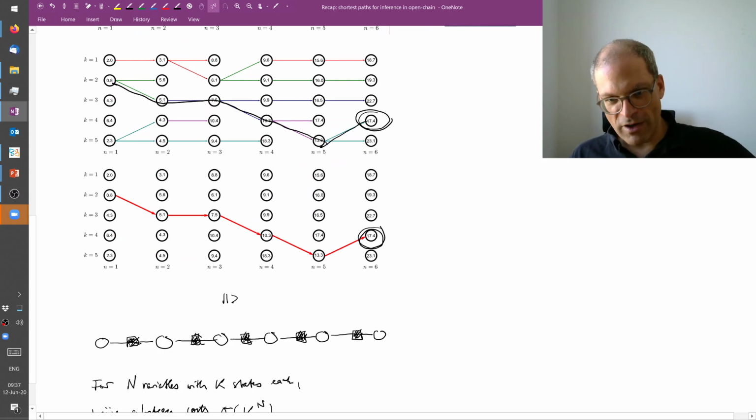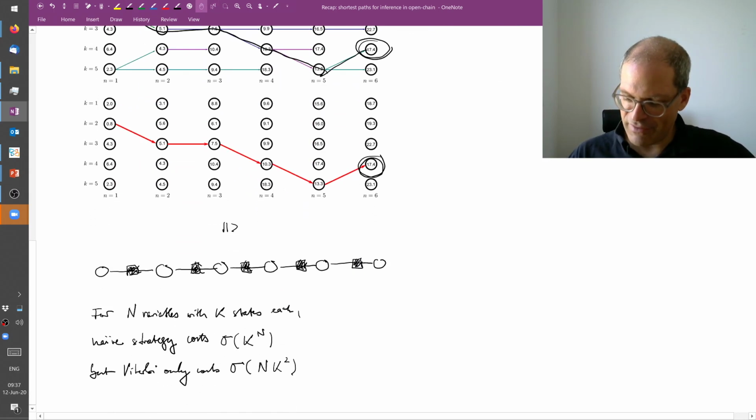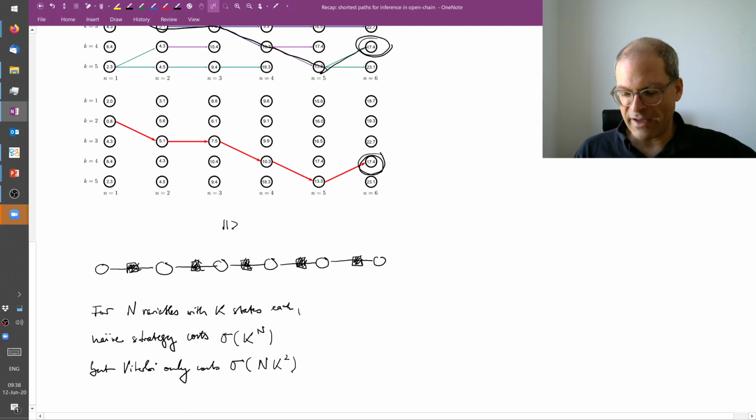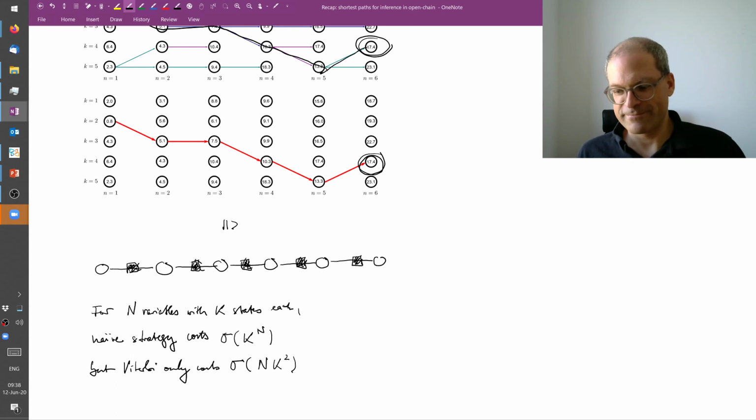Why do we talk about it so much? Because if we have n variables with capital K states each, the naive strategy would be exponential in cost, and by using the fact that our problem can be solved sequentially if done right, this only costs of the order of number of variables times number of states squared.